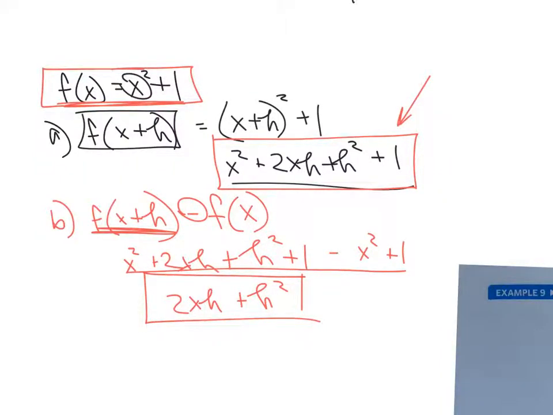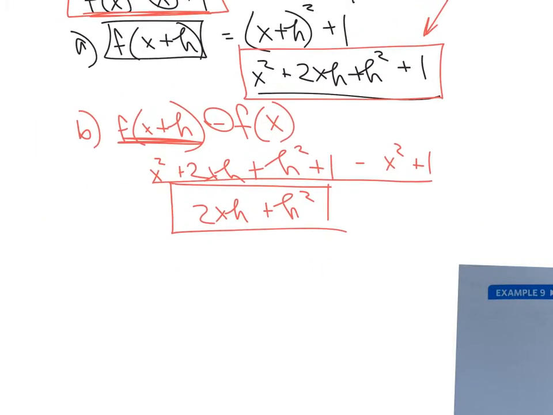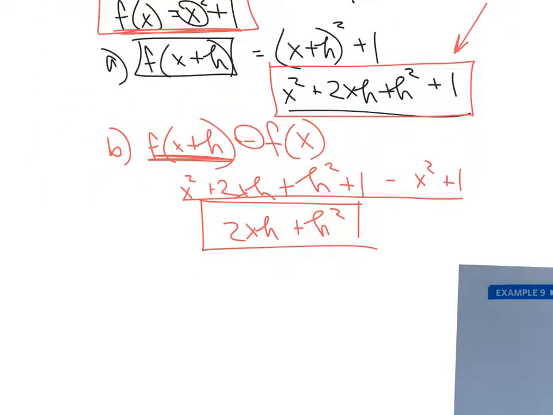So, the slope of the secant line. Remember what the slope of the secant line is. It is using the formula, okay?